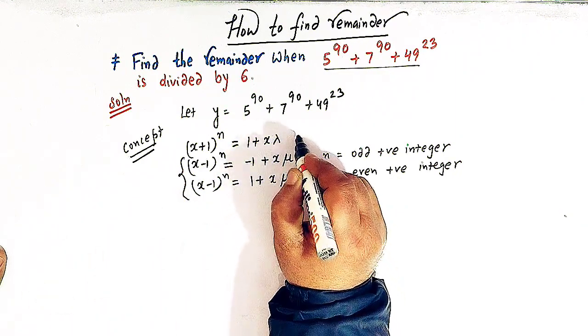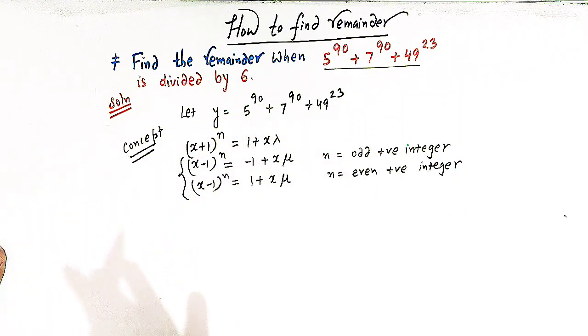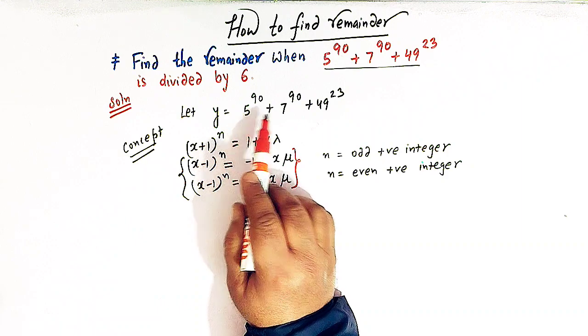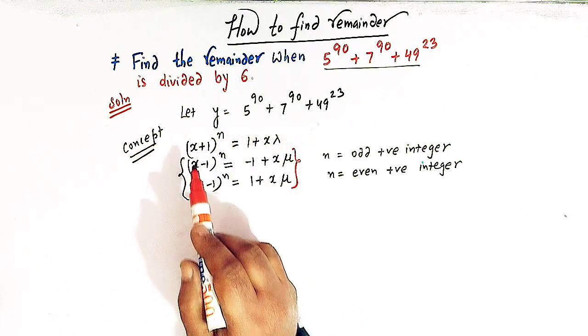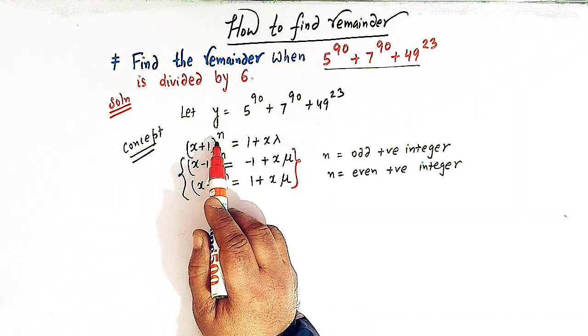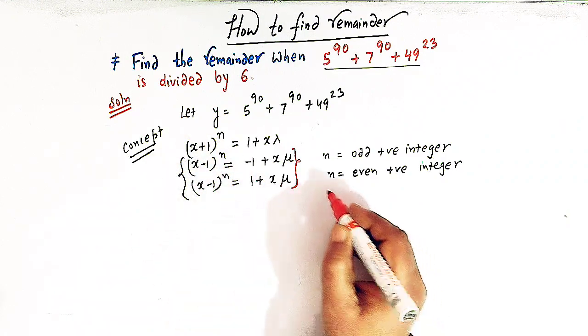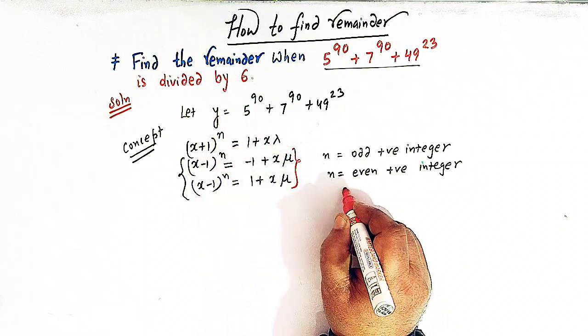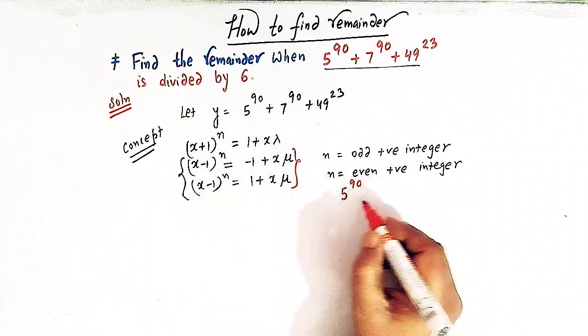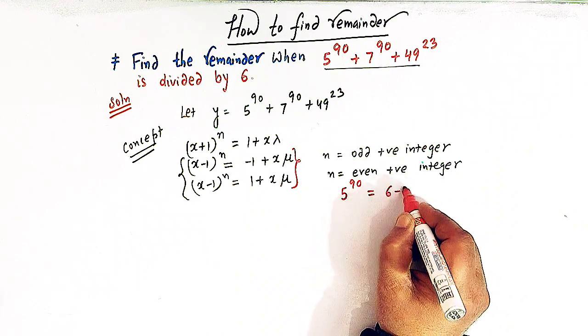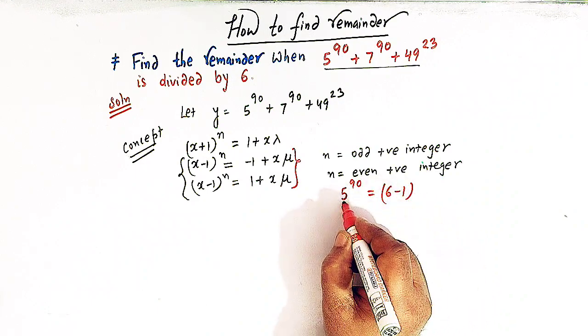Let us utilize these concepts to solve this problem. Let us first write these three numbers separately in the form x plus 1 raised to n and x minus 1 raised to n. First we have 5 raised to 90, and 5 raised to 90 can be written as 6 minus 1 raised to 90, because 6 minus 1 is 5.